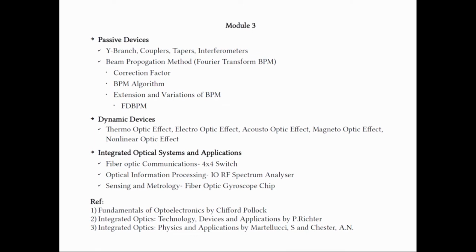There are varieties of beam propagation algorithms in practice, and we have mentioned what is called the Fourier transform BPM, where the spectrum of the input beam is used and each component is propagated separately and so on. The crux of the beam propagation method lies in finding out the correction factor. By manipulating the wave equation and Maxwell's equations, we can arrive at the correction factors in different forms.